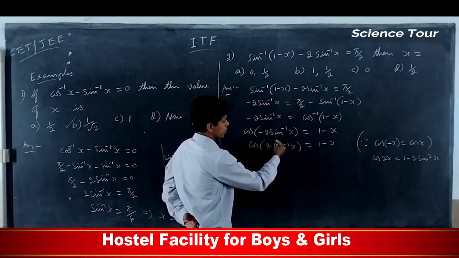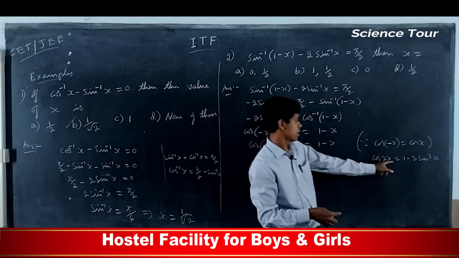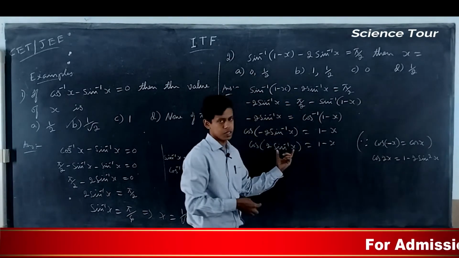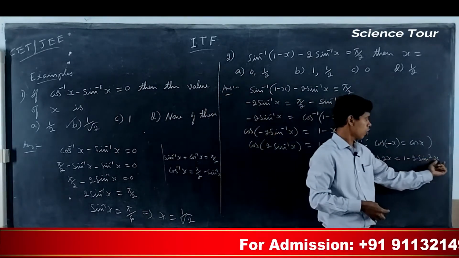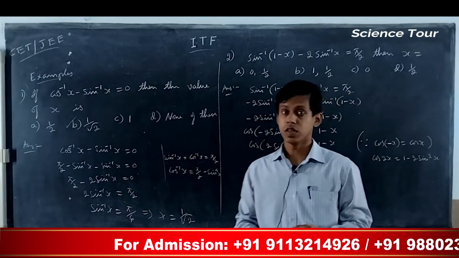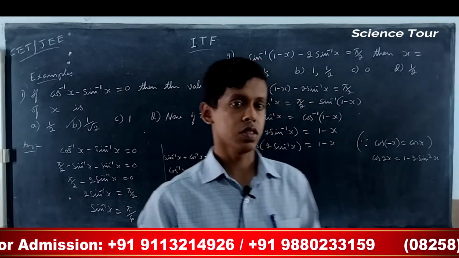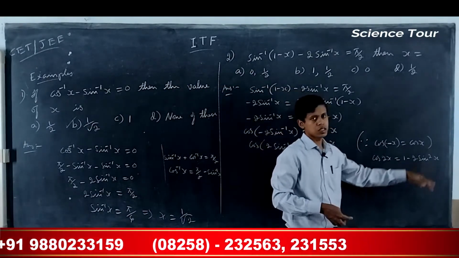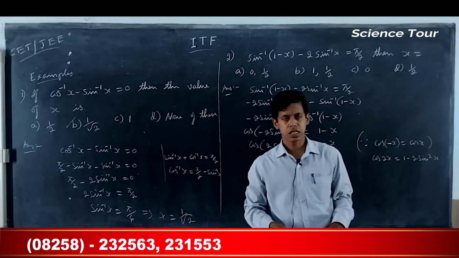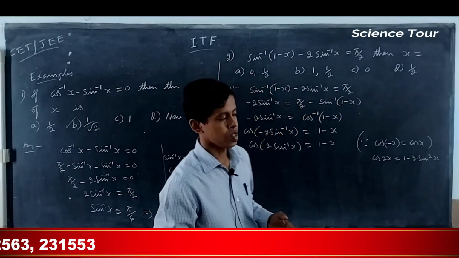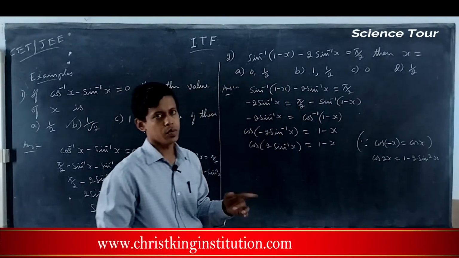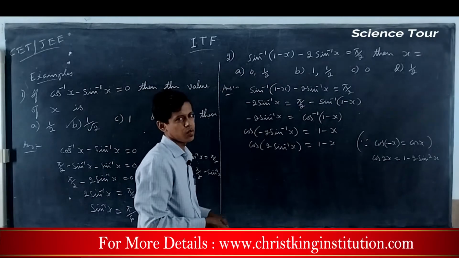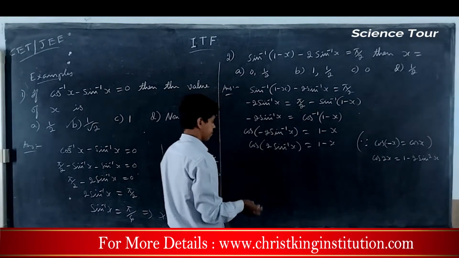In place of x, I have sine inverse x, so it will be sine of sine inverse. That's why I am choosing that formula. Otherwise, I have 2 cos square x minus 1, cos square x minus sine square x, or 1 minus tan square divided by 1 plus tan square. All those formulas I am not using here.